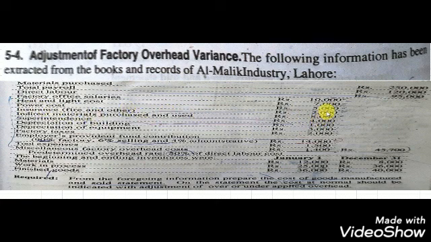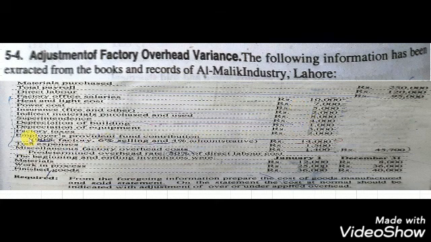Power cost is 5,000 rupees, same as indirect material purchased and used, 8,000 rupees. All these expenses belong to the indirect cost, which belongs to the actual factory overhead.